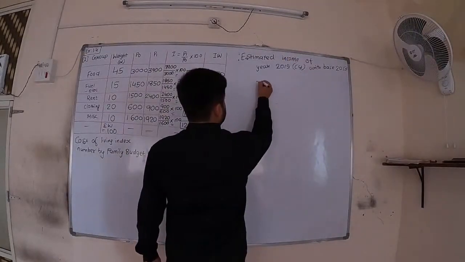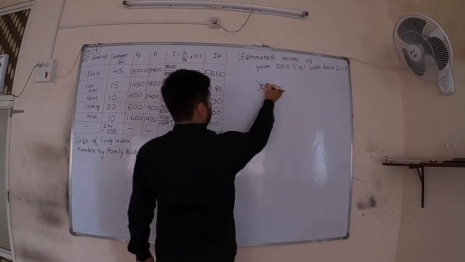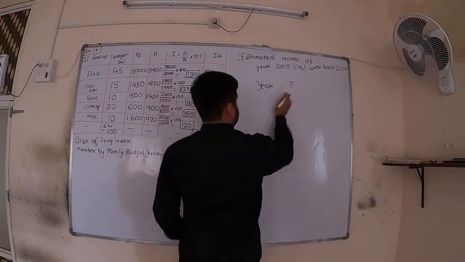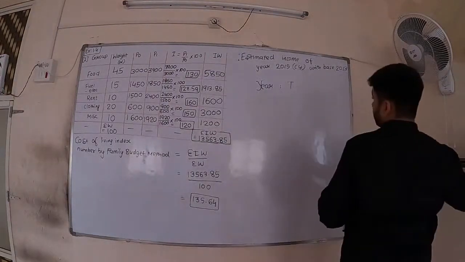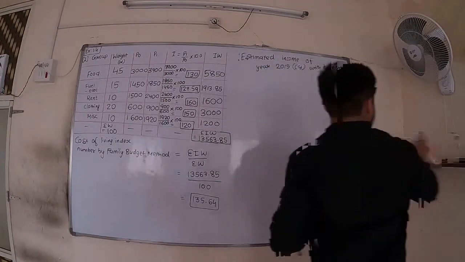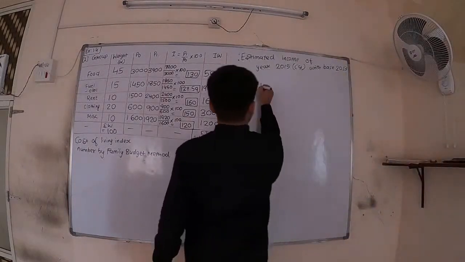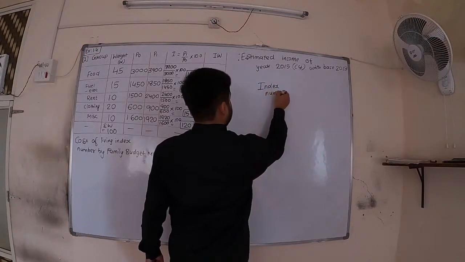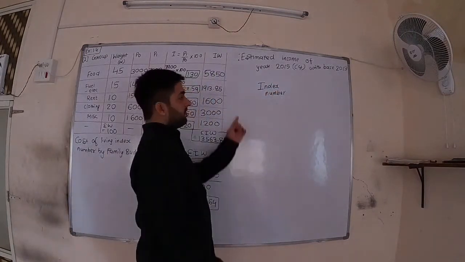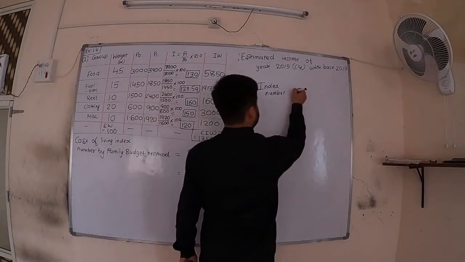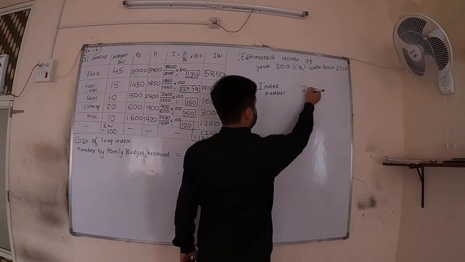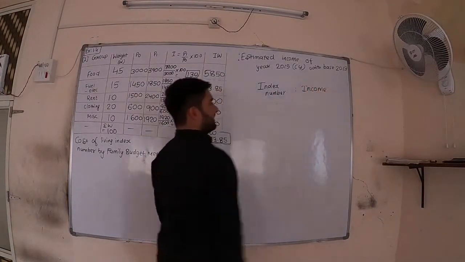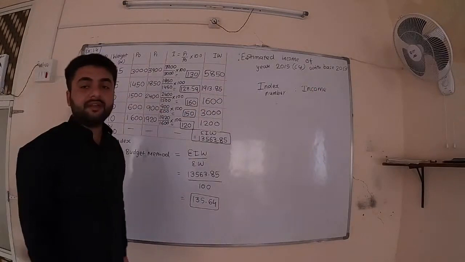You have to solve by the ratio method, taking the ratio of index number to its income.